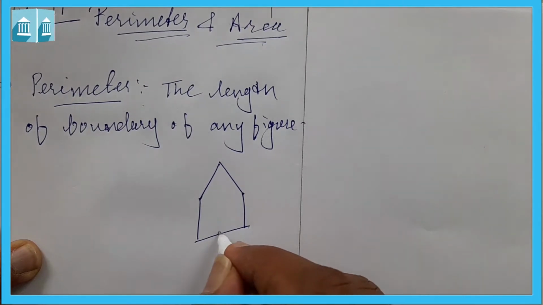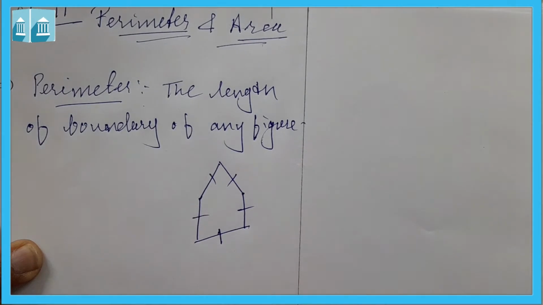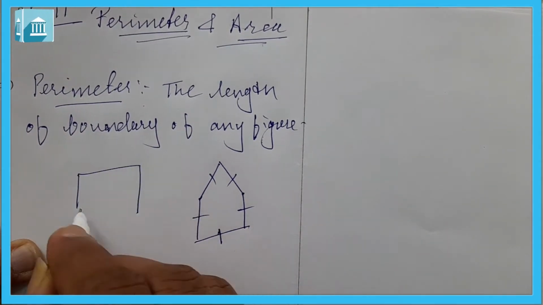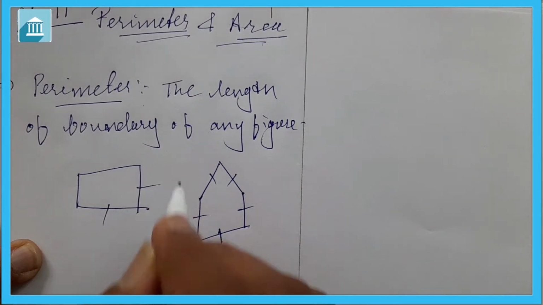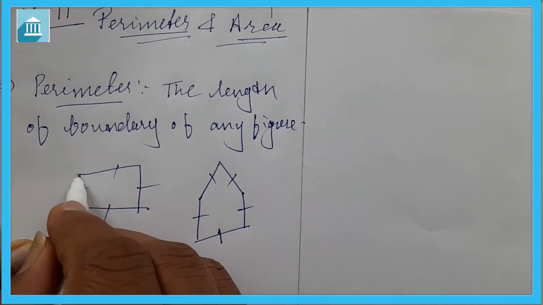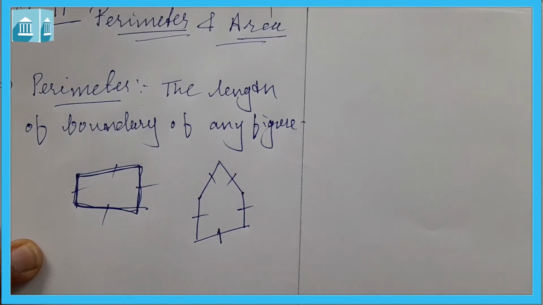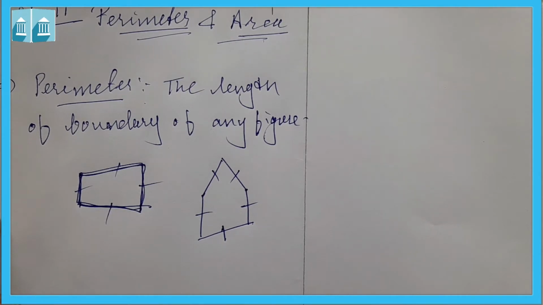Suppose this is the figure, then the perimeter is this plus this plus this plus this plus this. The addition of the lengths of all the sides is known as its perimeter. So we can say that the perimeter is the length of the boundary of any figure.